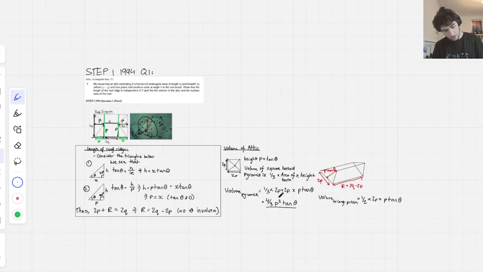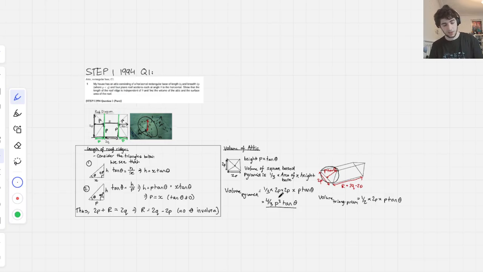And so that's effectively the area of the triangle on each end, right? So on each end we have this triangle of area a half times base times height, and our base is 2p and our height is p tan theta, right?